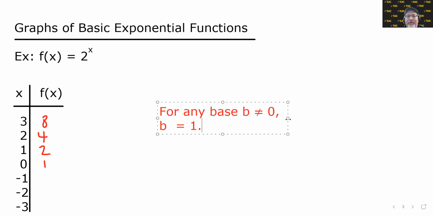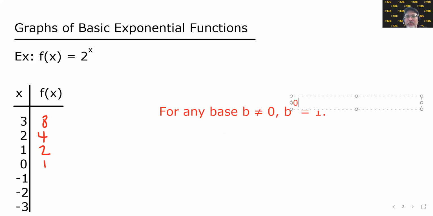Now, I can't type the exponent there, so I have to do some formatting and type a smaller 0. But for any base b that's not equal to 0, b to the 0 power is equal to 1.